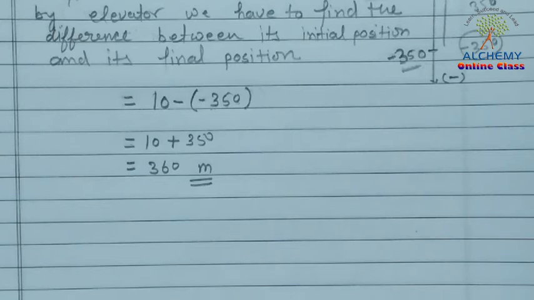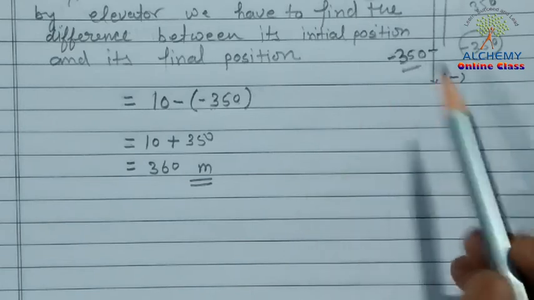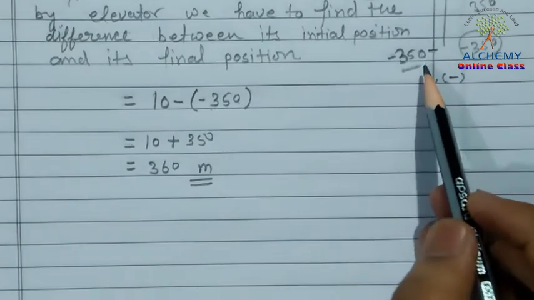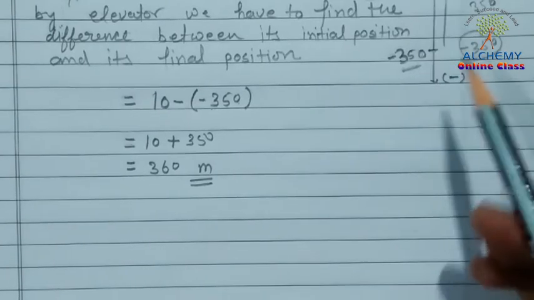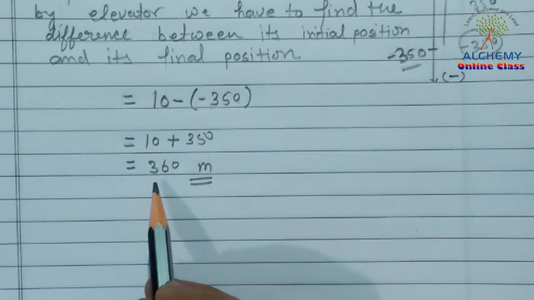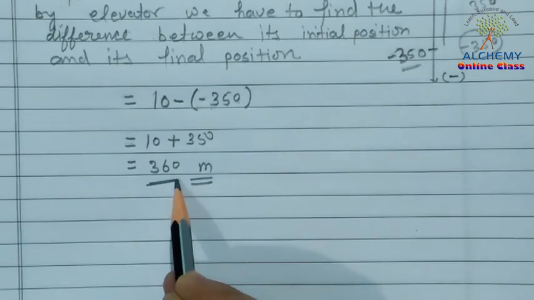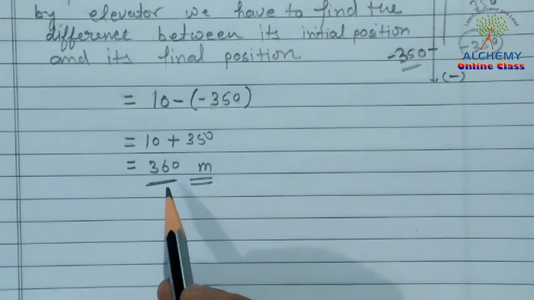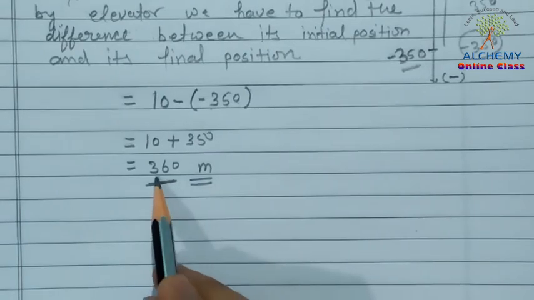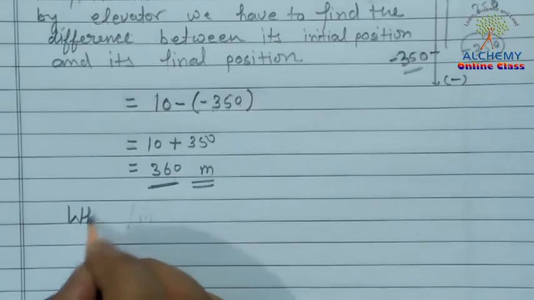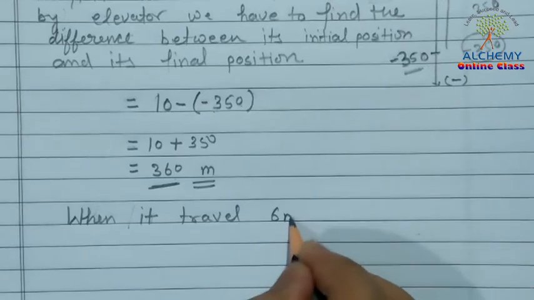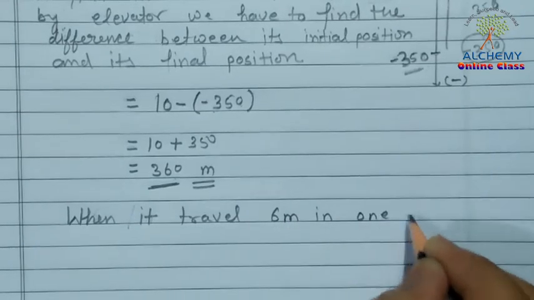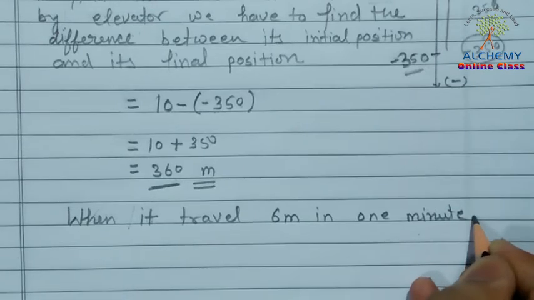Now it is asking how long it will take to reach the final position, that is minus 350 meters below the ground. As we have seen, the distance traveled by the elevator is 360 meters. So we have to find how much time it will take to travel these 360 meters when it travels 6 meters in 1 minute.